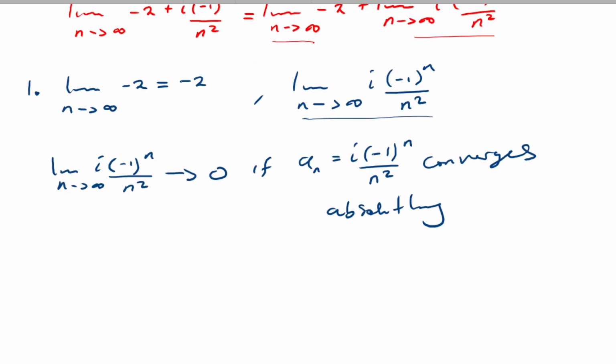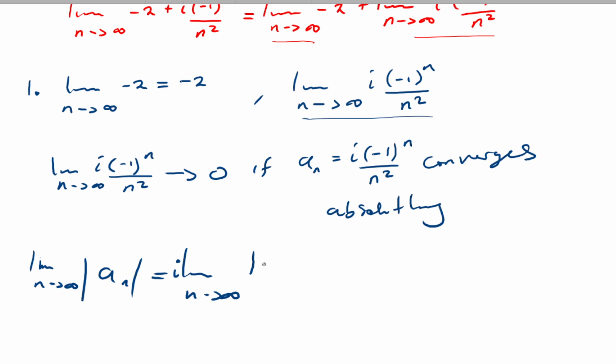To converge absolutely means if we take the limit as n approaches infinity of the absolute value of a_n, this will be equal to the limit as n approaches infinity of the absolute value of what is here. We can factor out the i, so the i can come outside here.